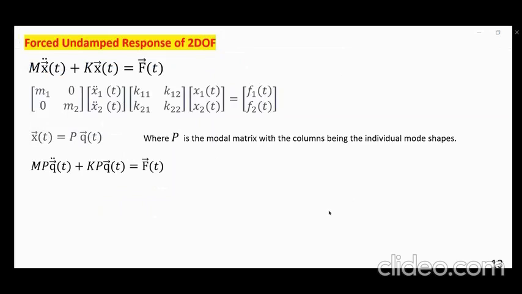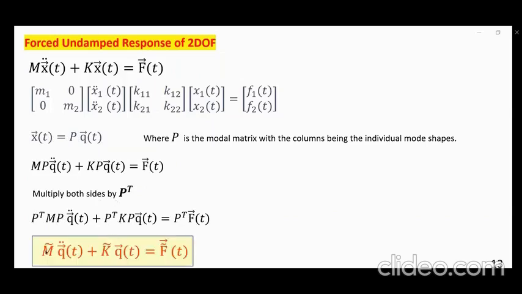Okay. Now, we get rid of x through this change of variable, and we pre-multiply by P transpose. We know what's going to happen. We're going to get this, which is going to be a diagonal matrix, and that, which is also going to be a diagonal matrix. So we call that thing M tilde, and we call this thing K tilde. These are different from the M and K. It's something that you have to work out.